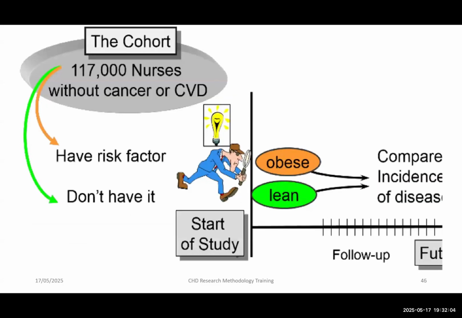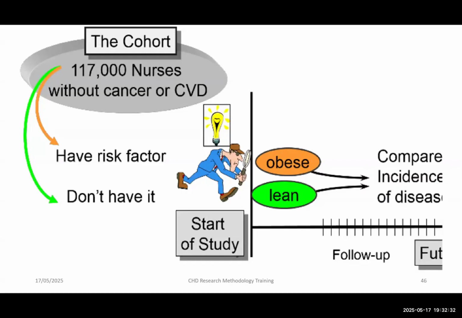Looking at this diagram will help us to understand it more. This is a cohort study looking at nurses. It wants to investigate exposure to high body mass index, those who are obese compared to those who are not obese.